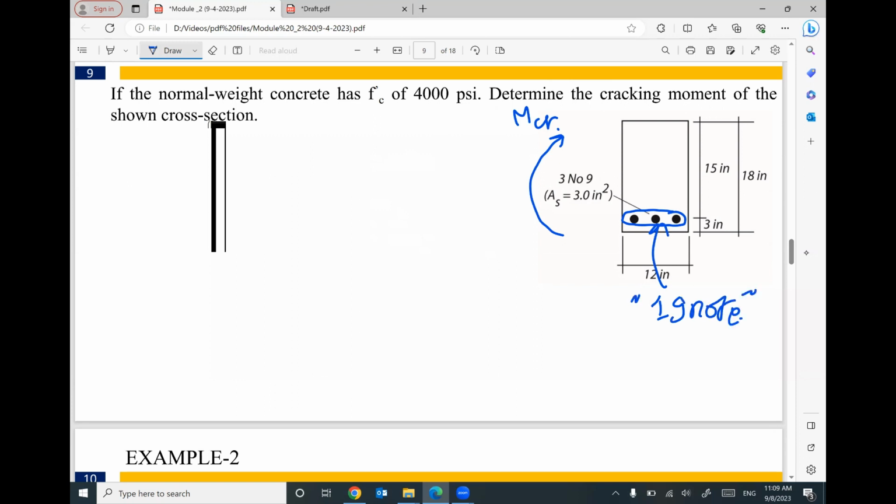Everybody in this room should be aware why we ignored steel reinforcement. Because the tension at the bottom of the cross section, the concrete is still good. Concrete can support this tension, so we don't need steel reinforcement. This is the main reason why we can ignore it.